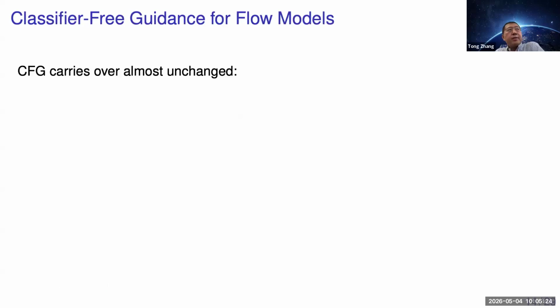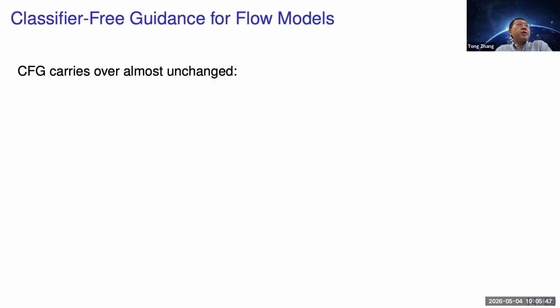You can do classifier-free guidance for flow matching as well. It's basically the same as for the diffusion model, because if you think about classifier-free guidance, it's just a change of target from the diffusion model to flow matching. One is epsilon, one is y0.